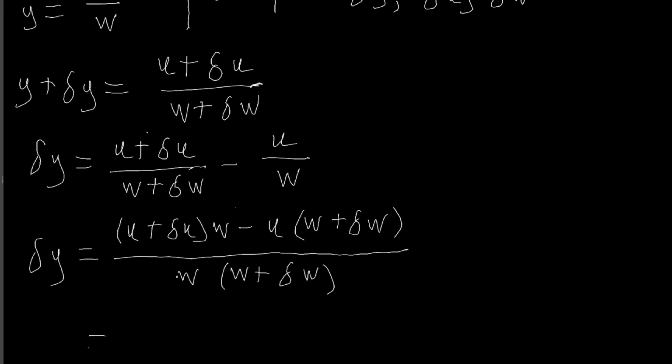We end up with u times w plus w times delta u, subtracted by u times w, and this is convenient.